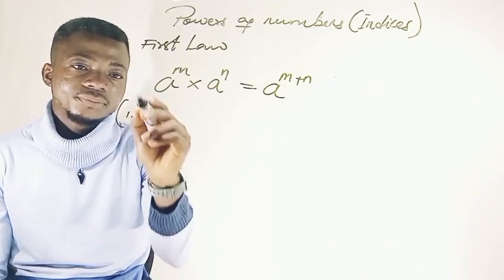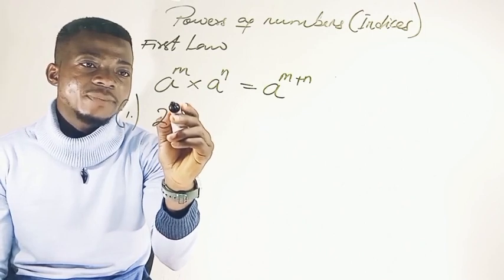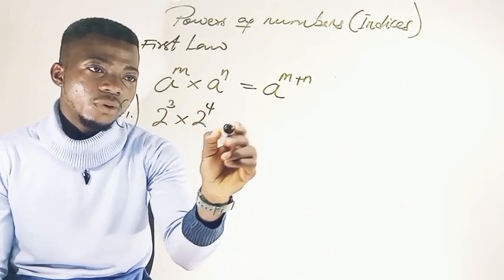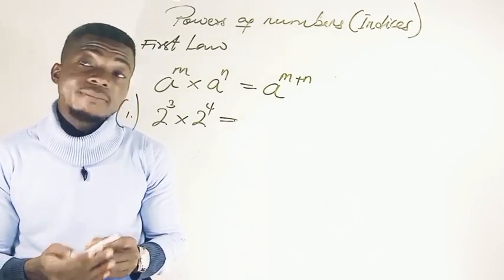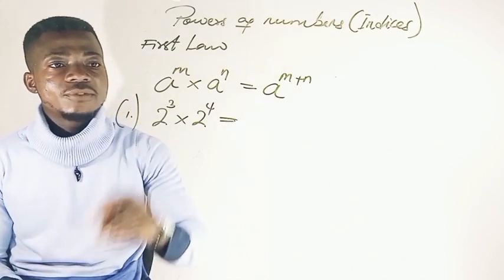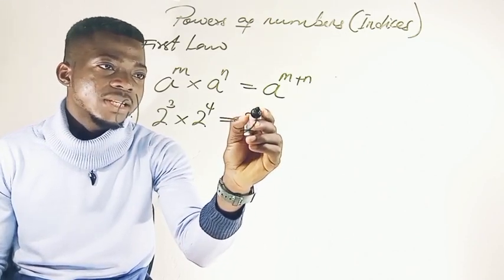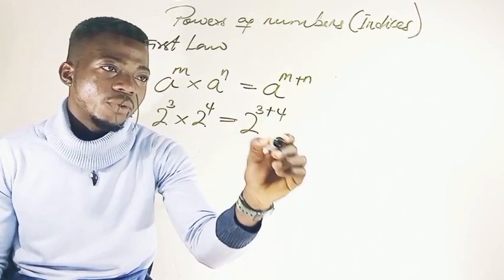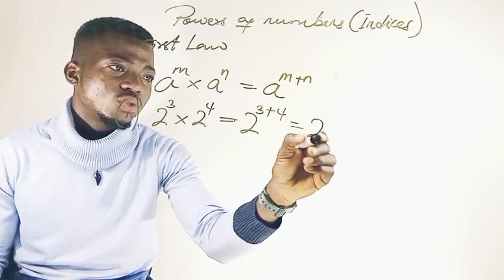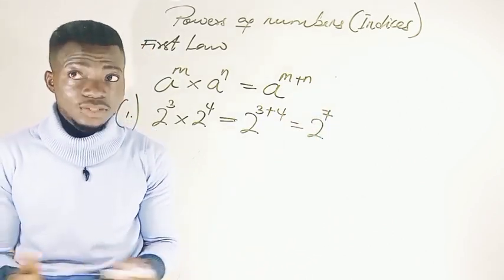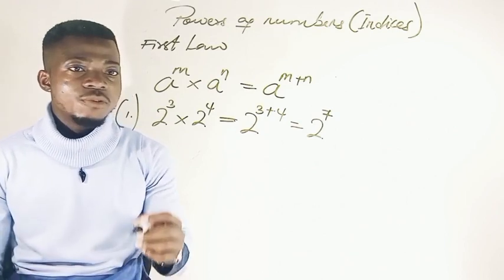Let's take some examples. Example 1: 2 exponent 3 times 2 exponent 4. By the first law, that is 2 exponent 3 plus 4, which is 2 exponent 7. Then we move forward.